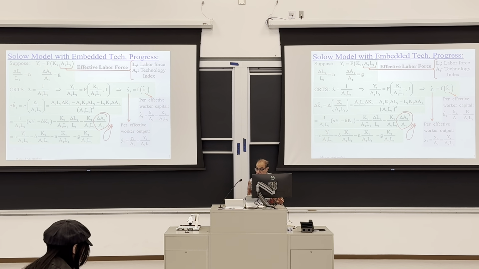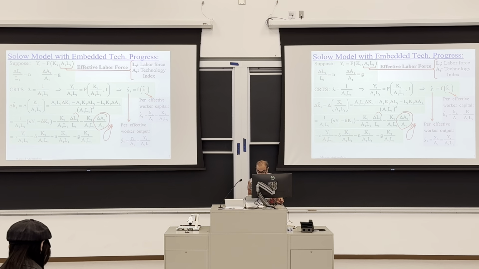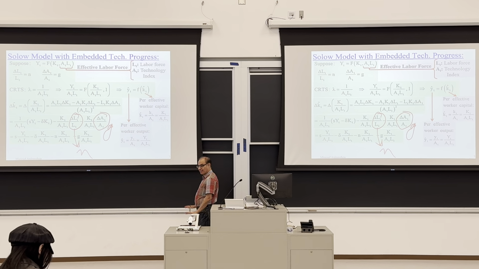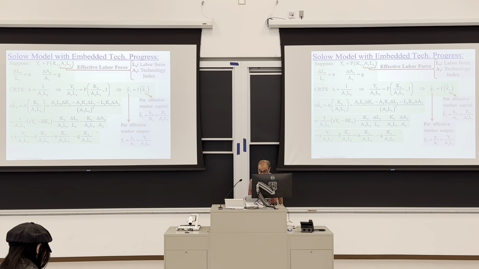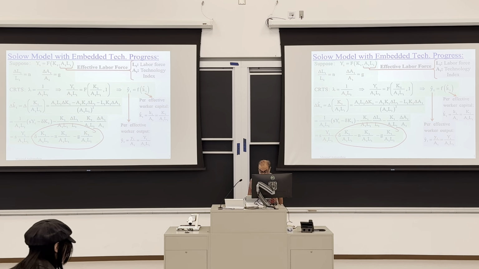This is g, growth rate of technology. What is this? This is little n, growth rate of population. See, we know everything here. So I can factor out k hat here, k hat, k hat, k hat.